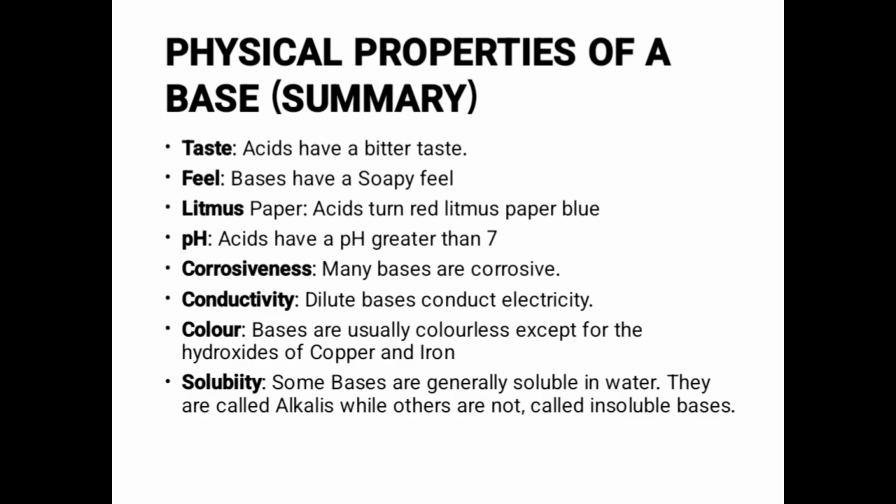And this also makes them generally soluble in water, especially the stronger bases. And of course, stronger bases are called alkalis, and they are usually colorless, except for hydroxides of copper and iron. This is the summary of their physical properties.